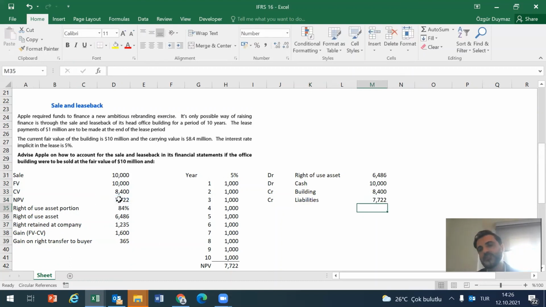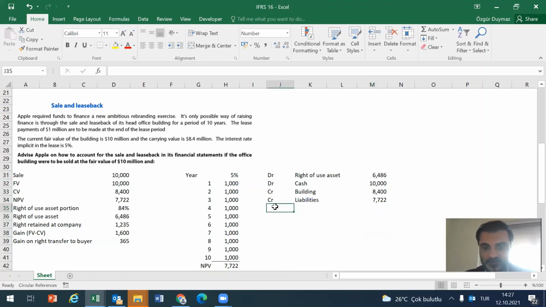Again, each year we need to calculate finance cost at the rate of 5%, and we need to add this amount to leasing liabilities. And each year also 1 million of leasing payment should be deducted from liabilities. At the end of year 10, this liability balance should be 0.